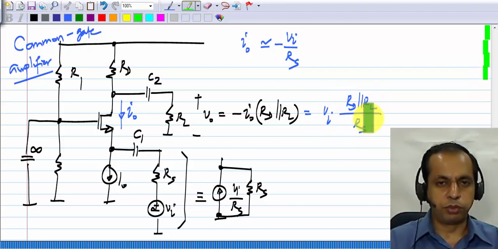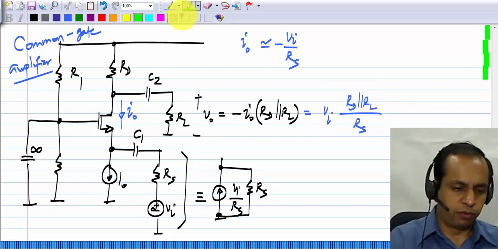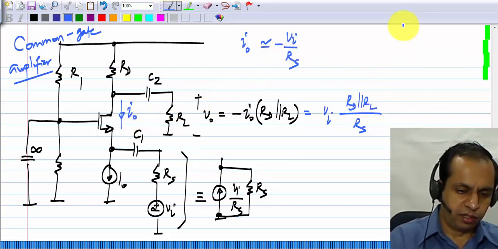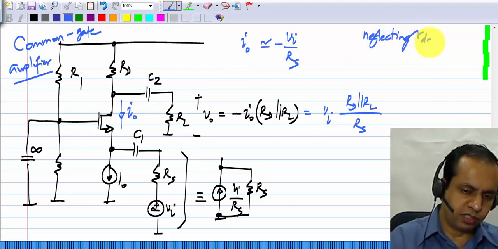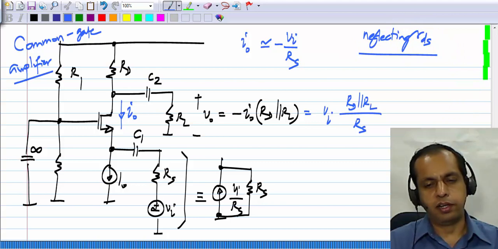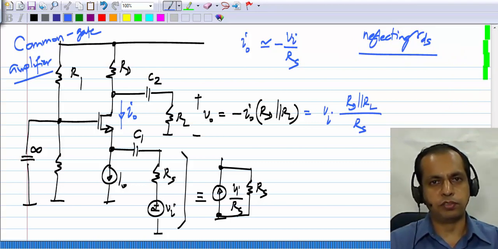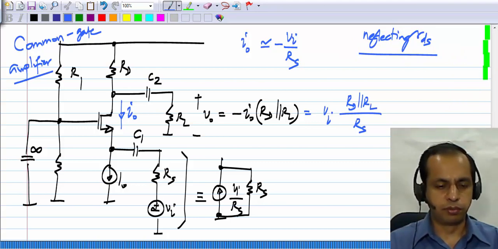Of course, this is the approximate gain. If you use the exact value, again I have neglected RDS of the transistor. As I said, RDS is important for the output resistance. For other things, it makes a small change and nothing else.